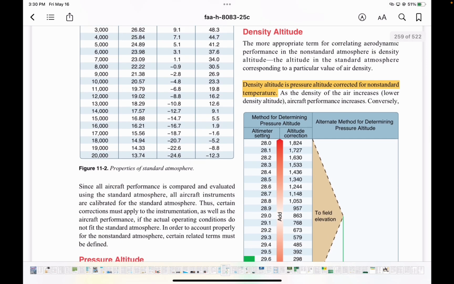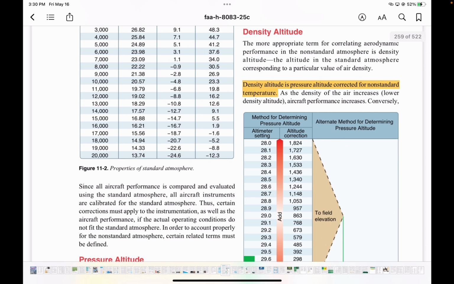Okay, what is density altitude? Okay, the book has the definition of density altitude. Is pressure altitude corrected for non-standard temperature? That is the definition according to the book. How I like to think about it is the density altitude is the altitude that the airplane thinks it's at. What does that mean?